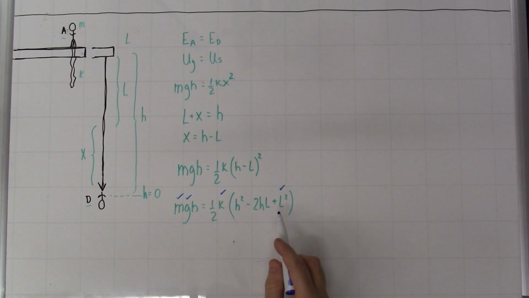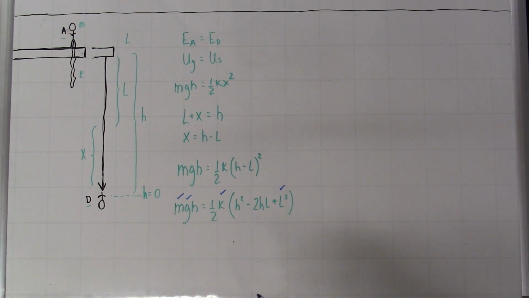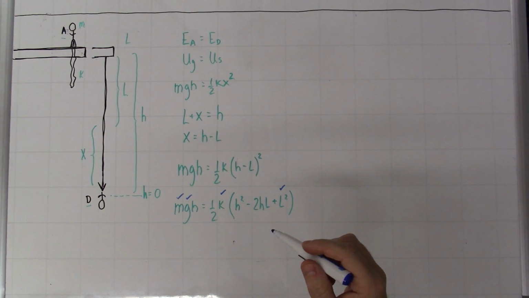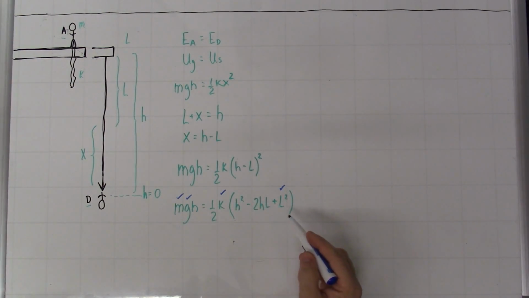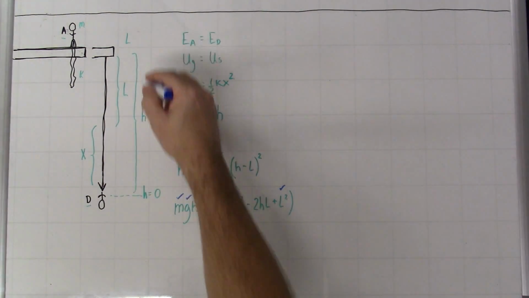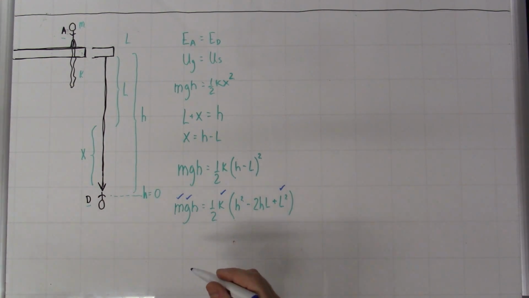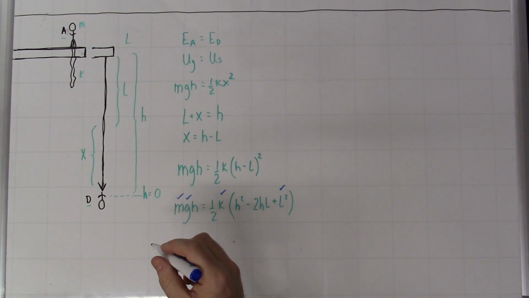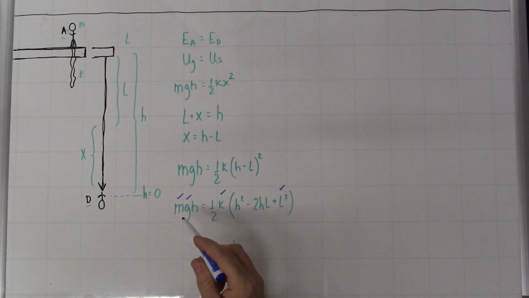The only variable that we don't have here is the h, and you can simplify, and then you can solve. Once we have our maximum stretch here, we can go through and answer the next question.